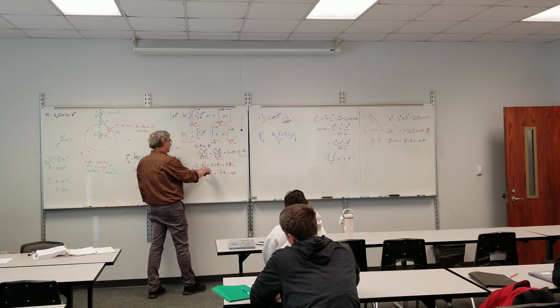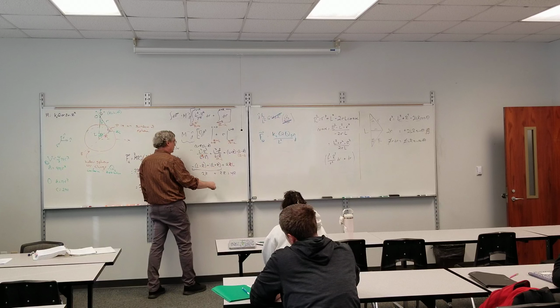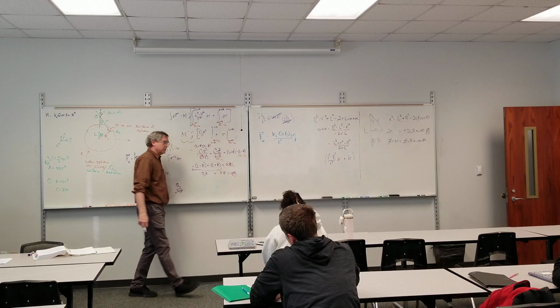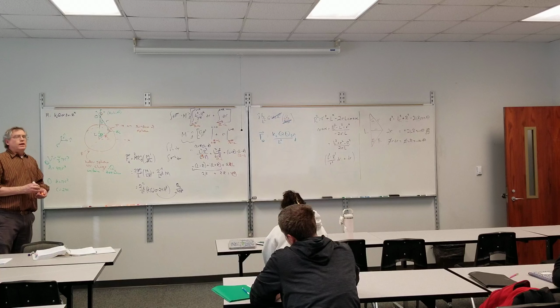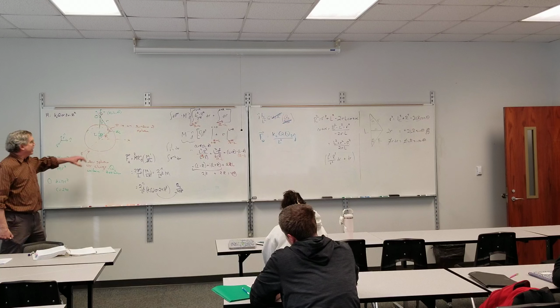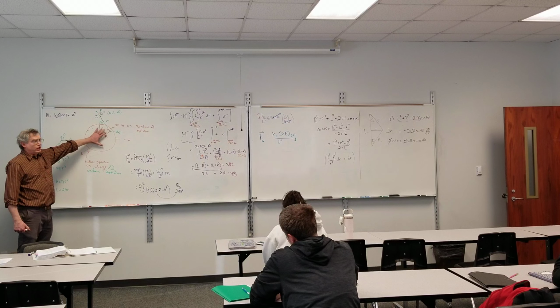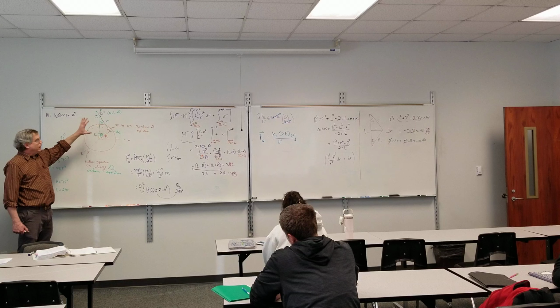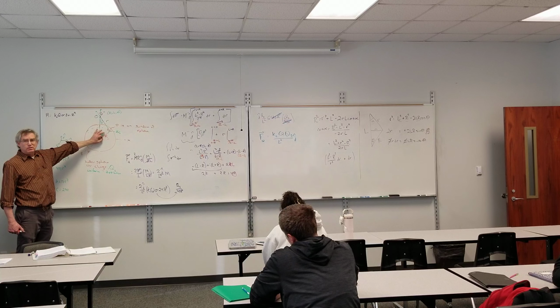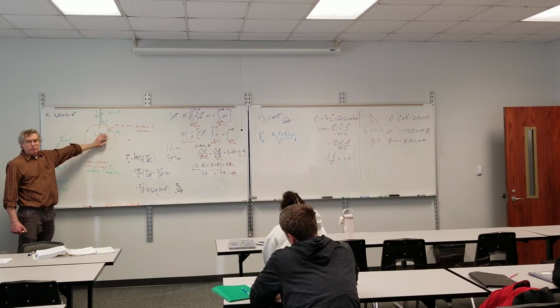Here I got negative L, negative L, and then an R minus R. So then it ends up being 0. If I have a shell with uniform charge density, and I have a charge inside this shell, the force is 0.